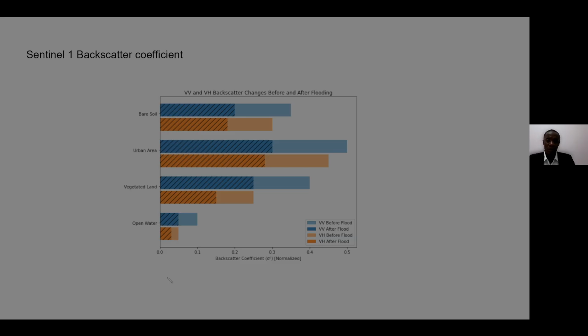Now, the Sentinel-1 is a synthetic aperture radar instrument that works by sending signals onto the surface, and depending on the characteristic of the surface, it records the returned signal, the intensity, and then the phase of the returned signal.